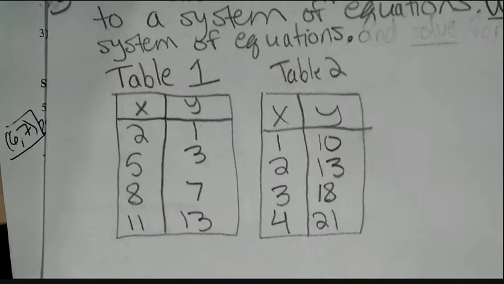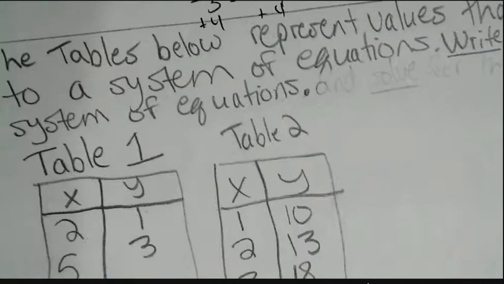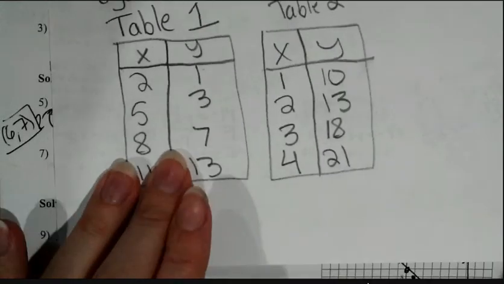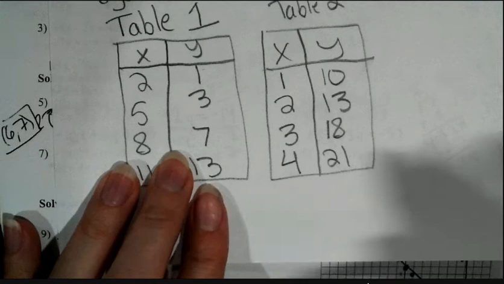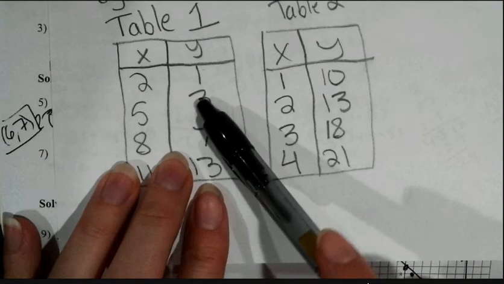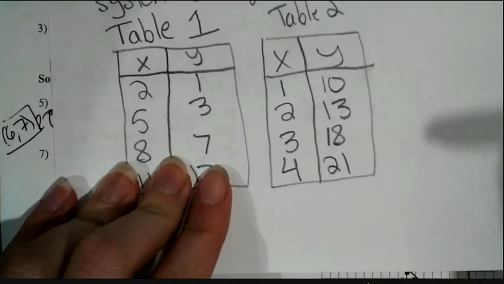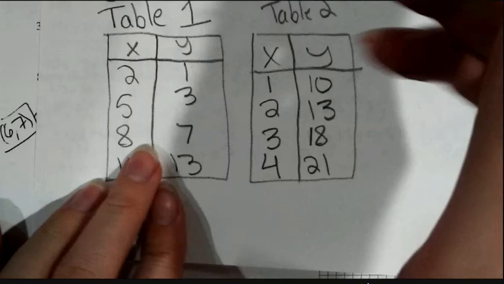Okay, guys, and then for this last one, it says the tables below represent values that correspond to systems of equations. Write the systems of equations. So basically, I'm taking a table and I'm writing an equation for each table. I'll have 2 equations, which makes it a system of equations. So the first thing I need to do is find the slope of both.